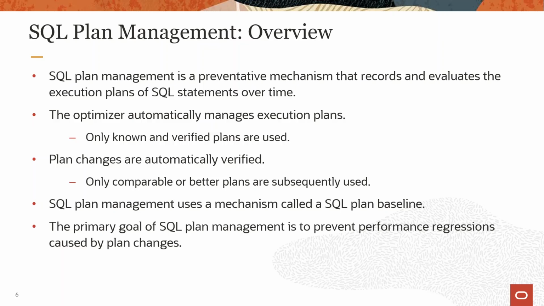If after comparison the new execution plan gives a worse performance than the initial plan, that execution plan cannot be used. And this is the primary goal of SQL Plan Management. It is to prevent performance regressions caused by plan changes.